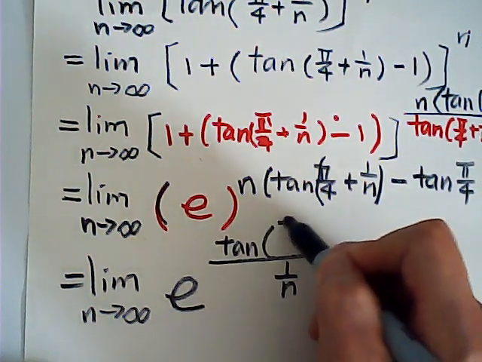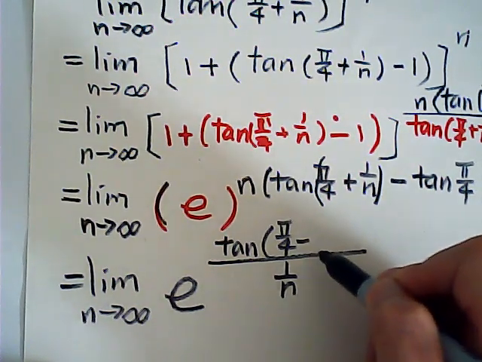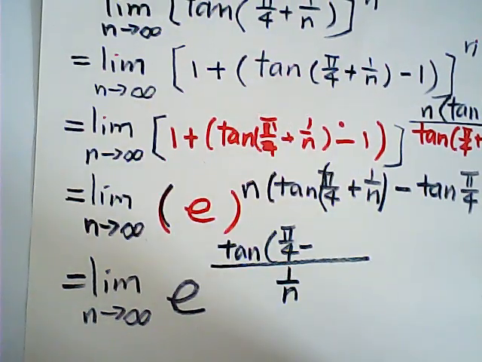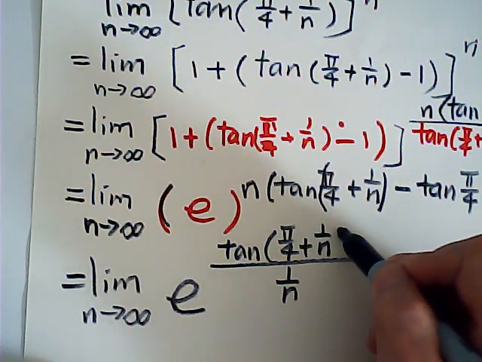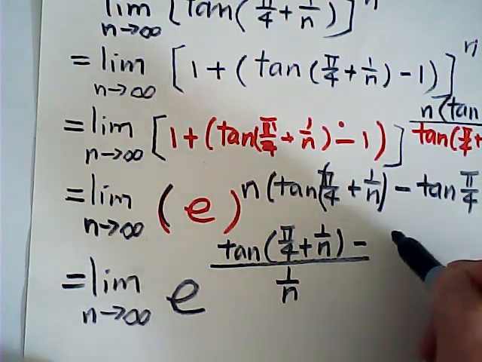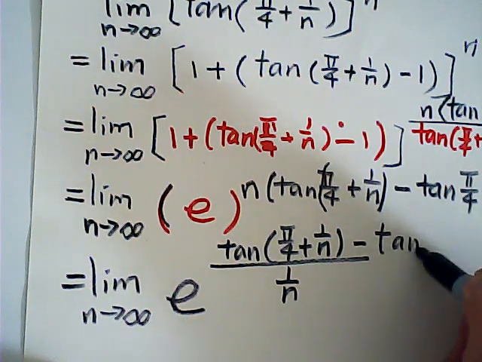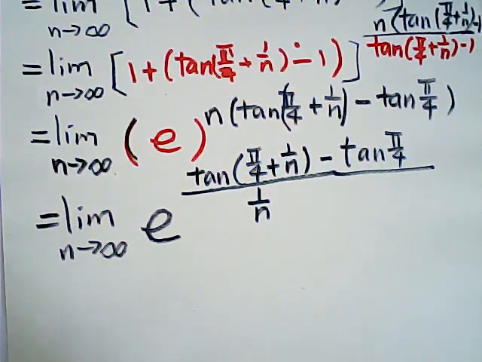Tangent of quarter pi plus 1 over n minus tangent of quarter pi.